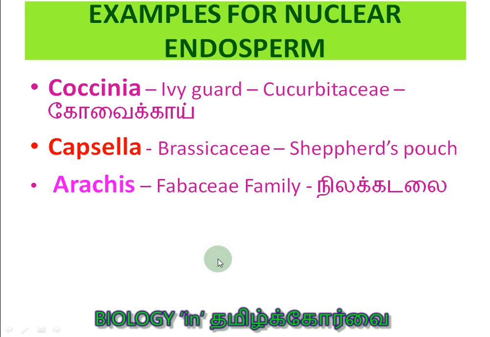Now we are going to discuss the examples. Examples of nuclear endosperm: Coccinia, its English name is ivy gourd, Cucurbitaceae, Kovai in Tamil; Capsella, Brassicaceae, shepherd's purse; Arachis hypogaea, Fabaceae family, Nilakadalai, that is the full scientific name.